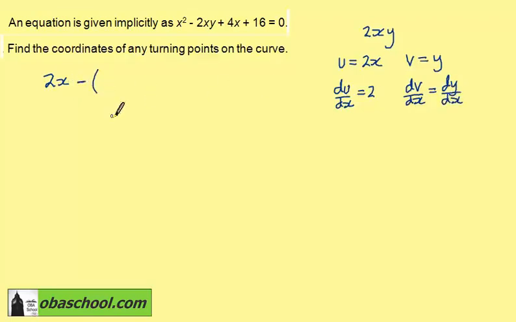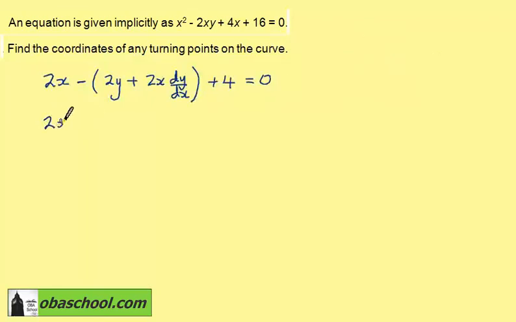So we get v du/dx, so that's 2y, plus u dv/dx, which is 2x dy/dx. Then the 4x becomes just plus 4, the 16 disappears, so it's equal to 0.